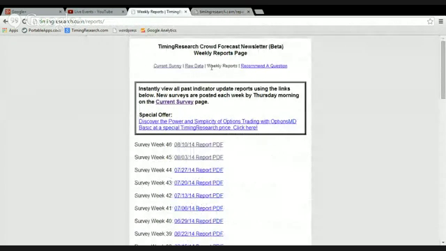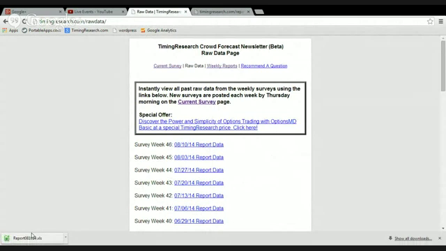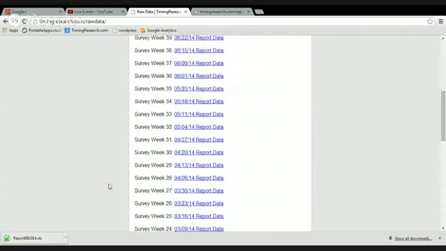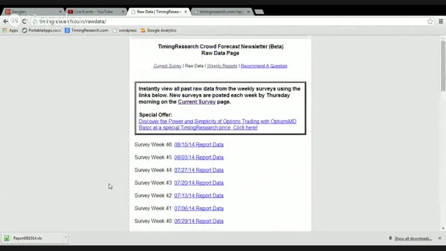So in addition to the weekly reports, we actually have a raw data page as well, where you can download the raw data for every previous week.